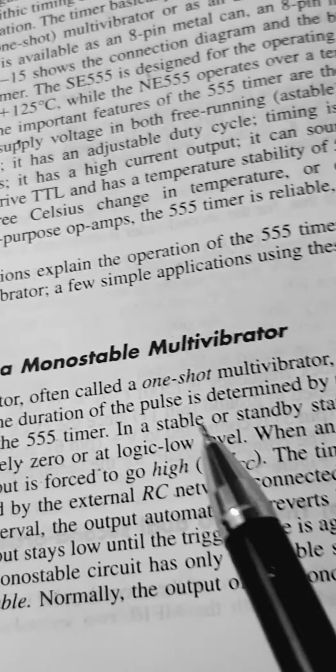The duration of that pulse is decided by the resistor and capacitor connected externally to the 555 timer.